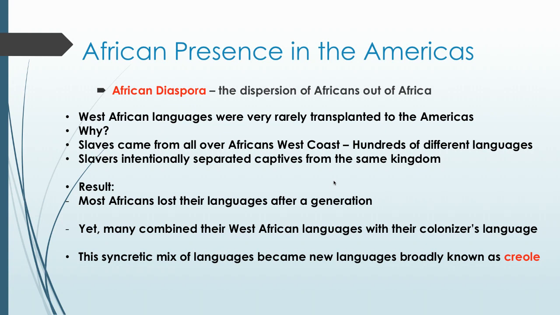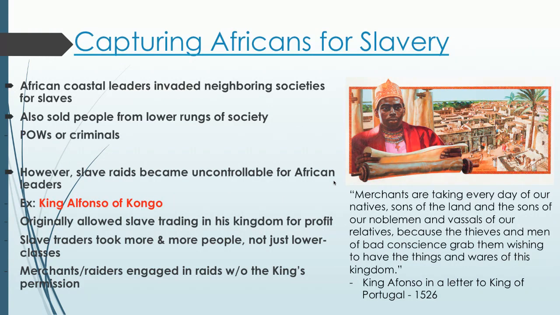How about the impacts of the slave trade in Africa? African coastal leaders at first believed that this slave trade was going to bring them lots of wealth and success. And in fact, it did bring them lots of wealth at first, because there was, of course, slavery and slave trade in Africa centuries before the Atlantic slave trade.